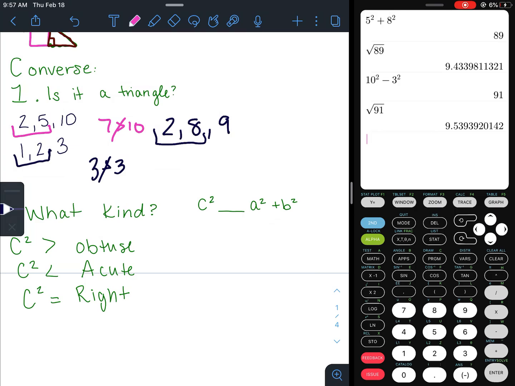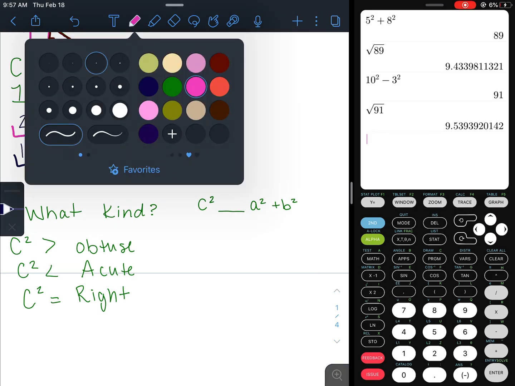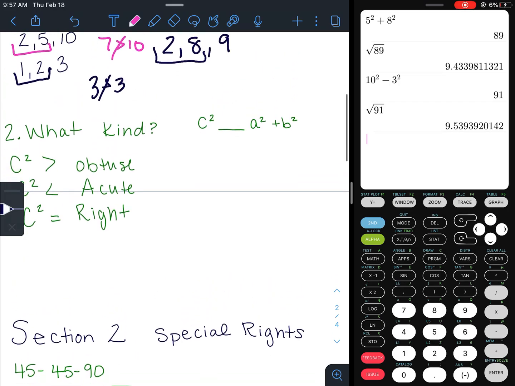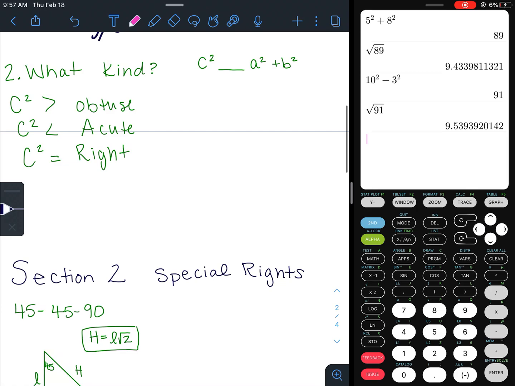Alright, continuing on here. So this next section, now that we know it's a triangle, is what kind of triangle. So I'm going to go ahead and use that one that we had up above here, 2, 8, and 9. I'm going to take my biggest number, that's c squared, so I'm going to do 9 squared, blank. Then I'm going to do 8 squared plus 2 squared.